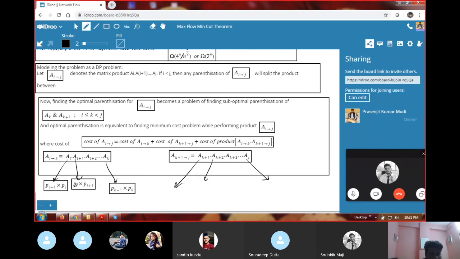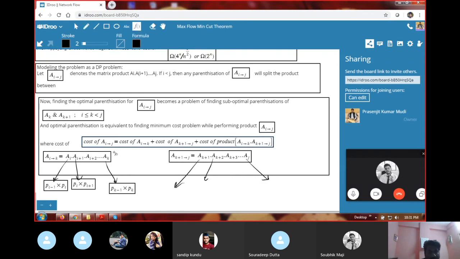The remaining dimensions left are p_i-1 and p_k. So this overall product A_ik will be of dimension p_i-1 cross p_k. So this is important. Okay.